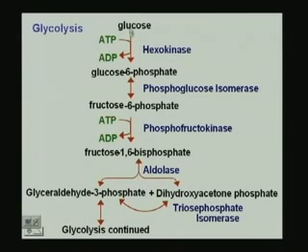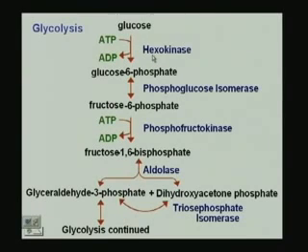Since it took up a phosphate, it required the breakdown of an ATP. It's just summarizing the steps that we've done so far: glucose to glucose 6-phosphate required the breakdown of an ATP, and the enzyme was hexokinase.